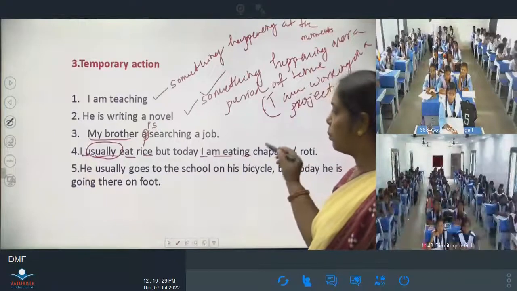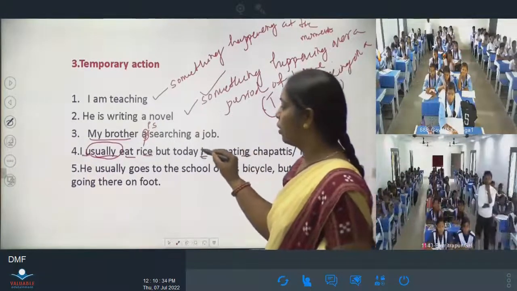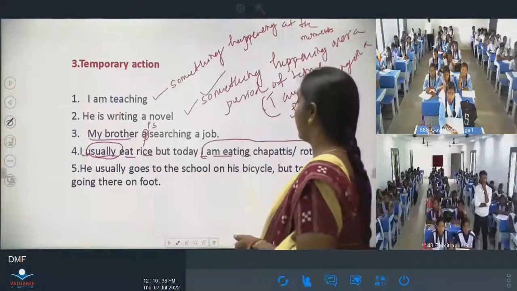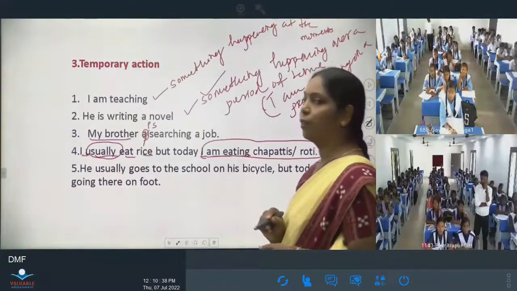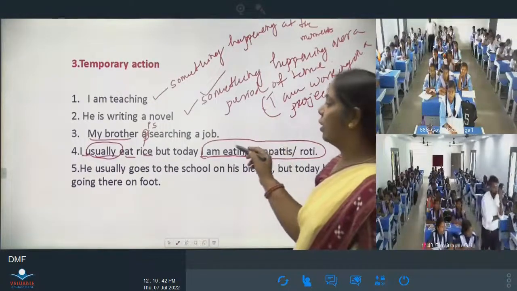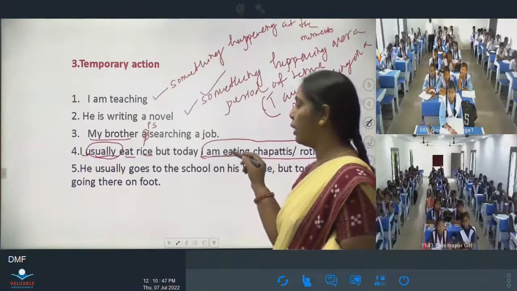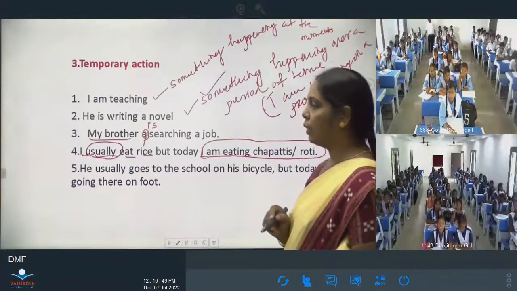It is present progressive tense because this action, eating chapatis, is a temporary action. That's why we use present progressive tense here.